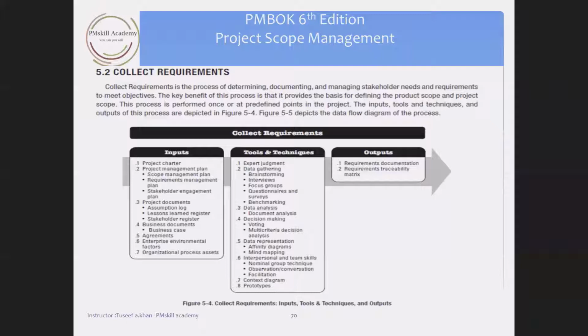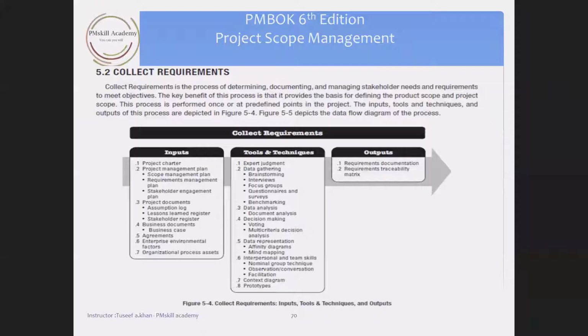There are some documents which are also inputs: the assumption log, lessons learned register, and stakeholder register. The assumption log has assumptions that are already described for this project, and the lessons learned register holds lessons learned from previous projects.